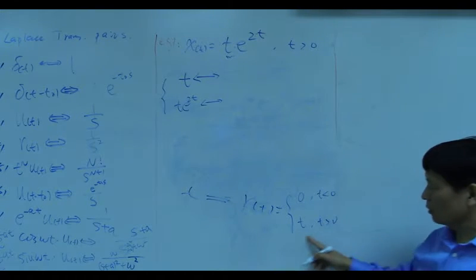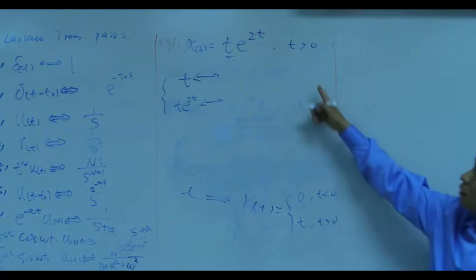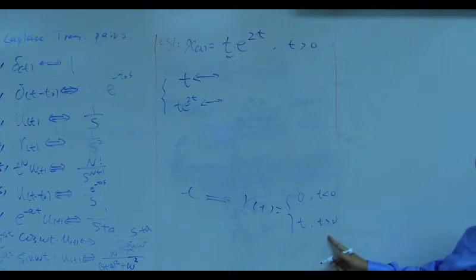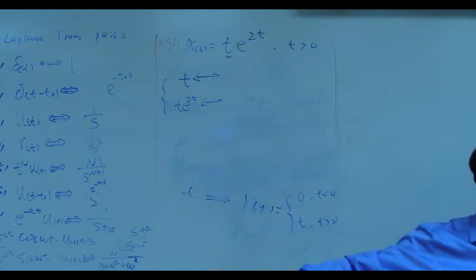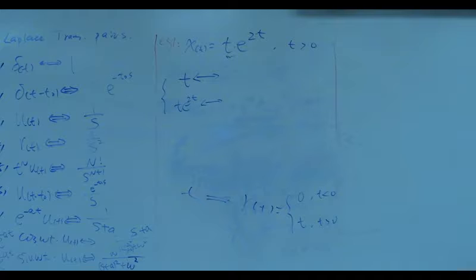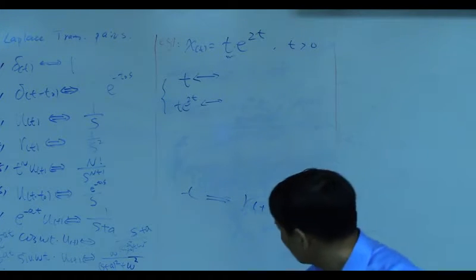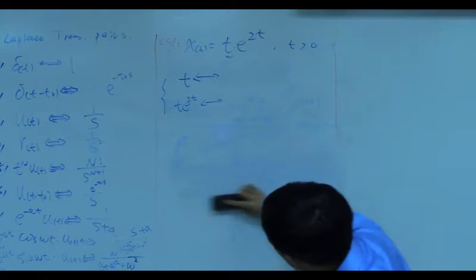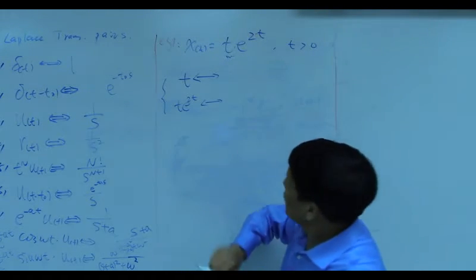So this is what we have, right? t greater than 0, so t. This is r(t). Yes, right? t is r(t). Okay, so what is the Laplace transform for this? 1 over s squared.